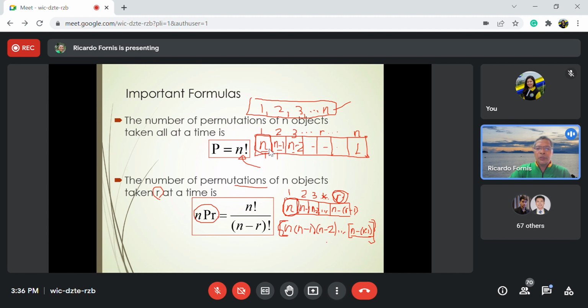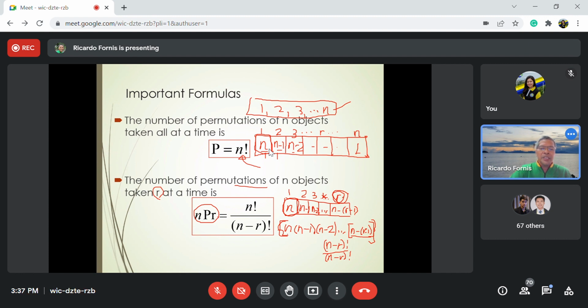So if I multiply by n minus R and place a factorial at the end, I am changing the value, so that the value is not changed, I also have to divide by n minus R factorial. And there is no effect, because n minus R factorial over n minus R factorial is simply 1.